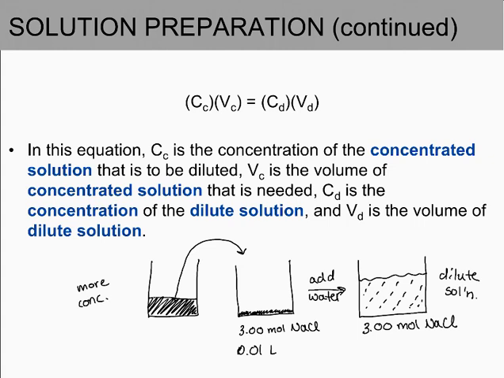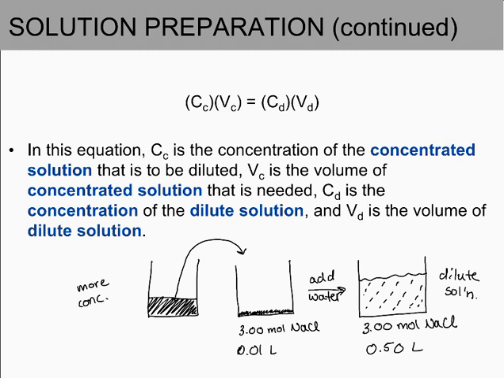So that's our volume initially. And then maybe in the second version, we have 0.5 liters of solution. So that's a larger volume. So again, we still have 3 moles of sodium chloride in that sample, but the volume has changed.